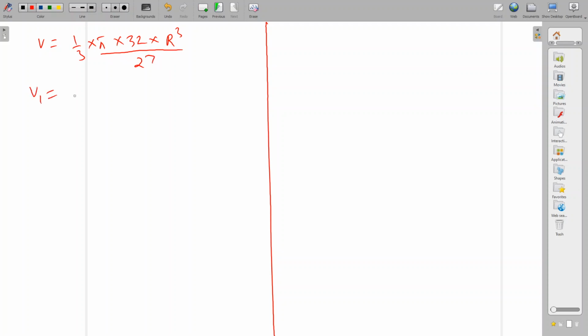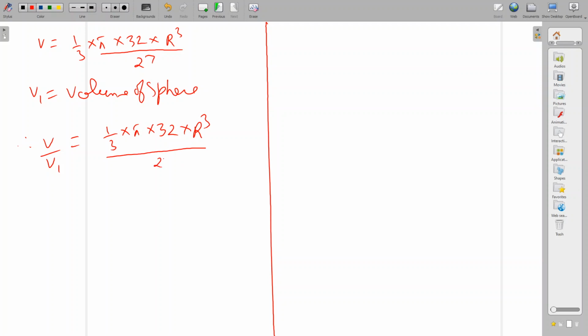Now what is V1? V1 is the volume of the sphere. We have taken V1 as the volume of the sphere. So let us find the ratio of V by V1. Therefore, V by V1 equals, V is the maximum volume of the cone, so 1 by 3 into pi into 32 into R cube over 27.